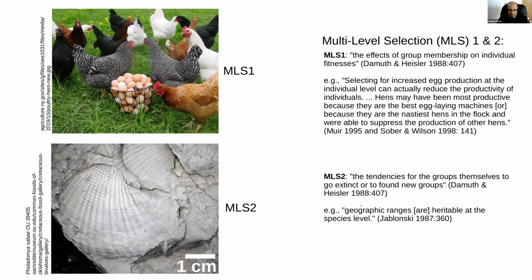But this is a somewhat stronger claim about group selection at the level above an individual or other levels in the hierarchy, that you can have high-level units in the selective hierarchy that have a degree of heritability. So, for example, Jablonski in 1987 talked about Cretaceous bivalves having heritable geographic ranges at the species level.